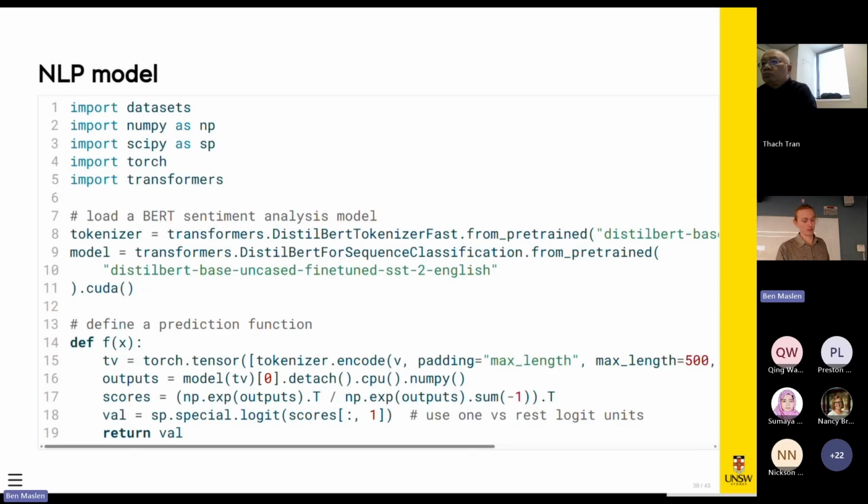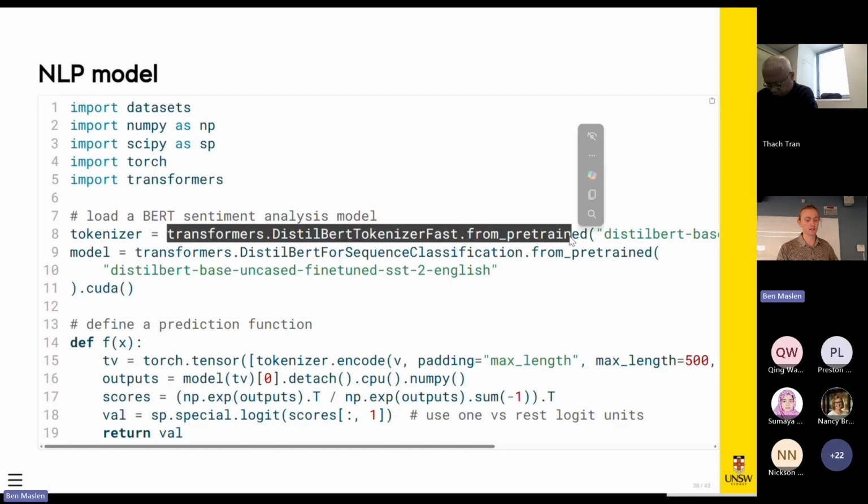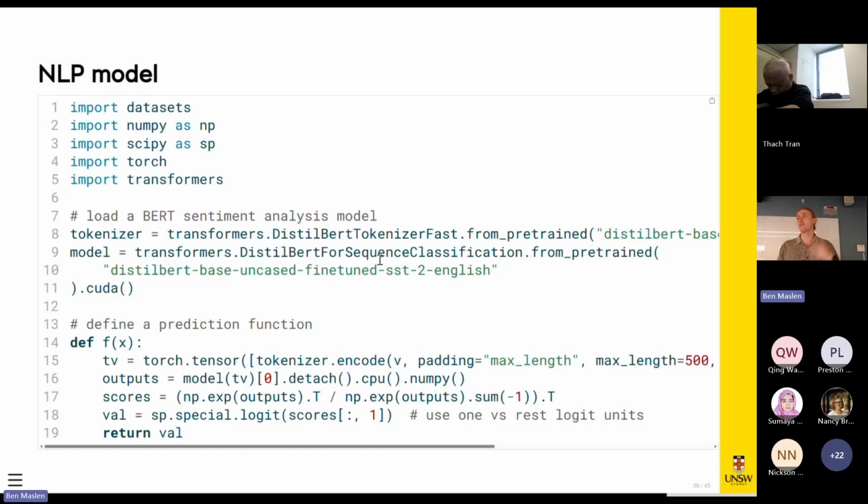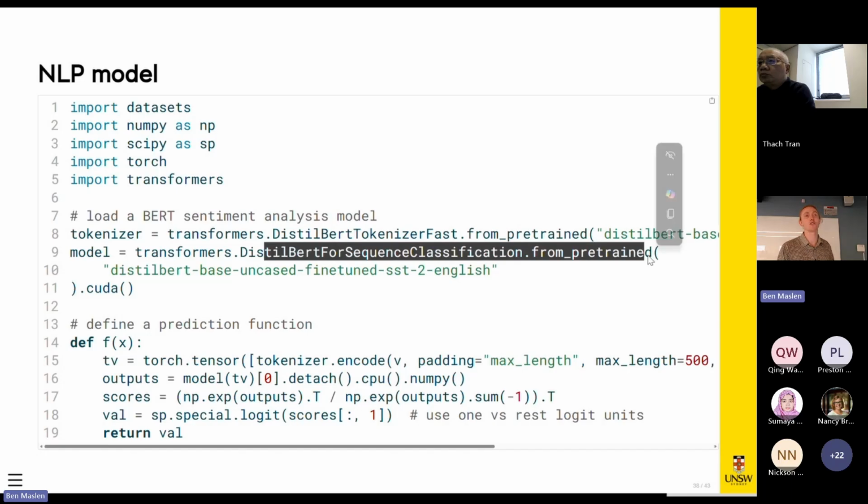All right, so we've got to load a whole bunch of packages, the torch package, the transformers package. We're going to load this tokenizer, which converts our words into numbers, basically, that can be fed into the natural language processor model. We're going to load a pre-trained sentiment analysis model, so it's already been trained on some training data.